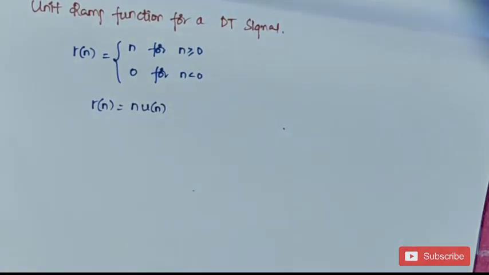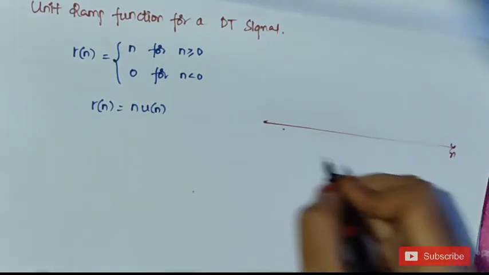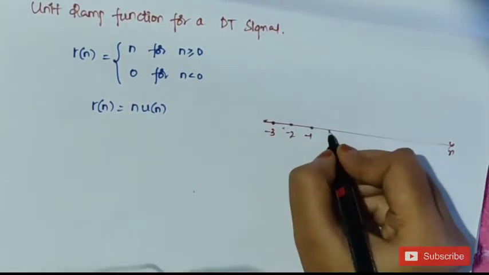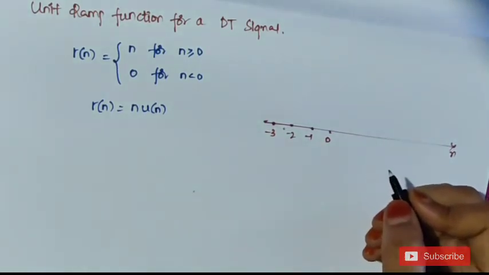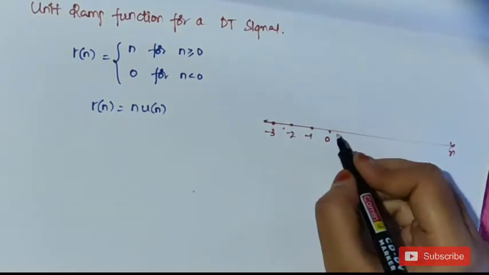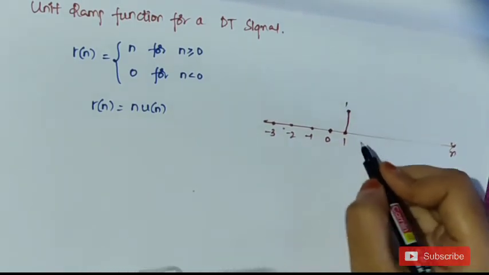Let us see the signal diagram for this. The signal starts from 0. At 1, its value is 1.